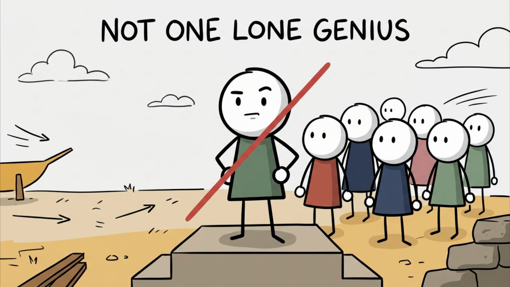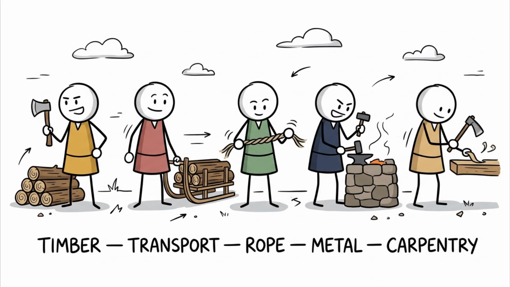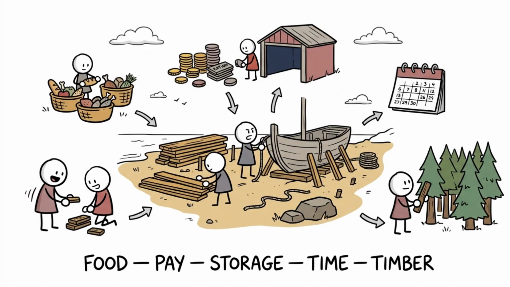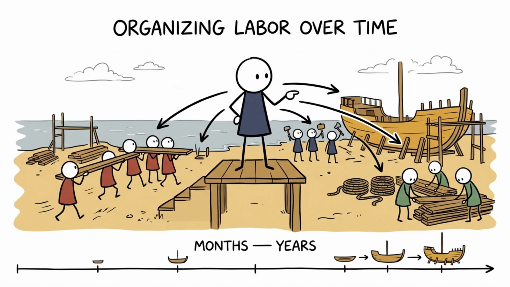But the romantic image of one genius builder is also misleading. A large ship required timber cutters, transporters, rope makers, smiths, and carpenters. It required food, wages or rations, storage, schedules, and access to suitable trees. It required authority capable of organizing labor over months or years.